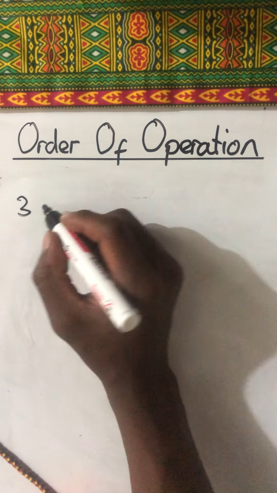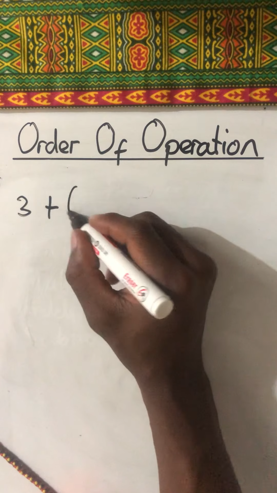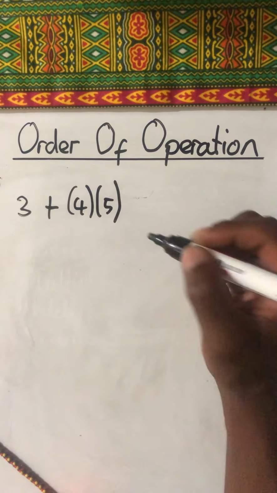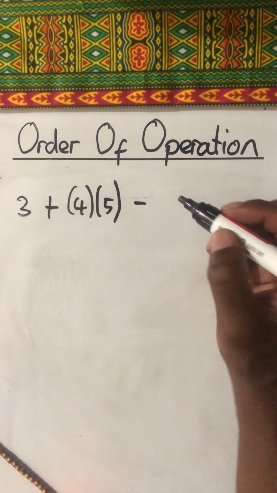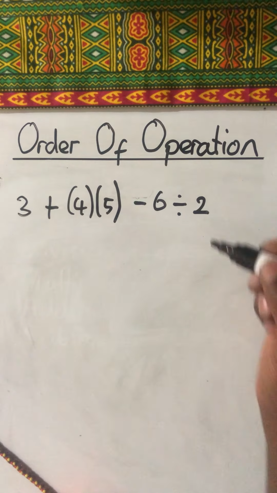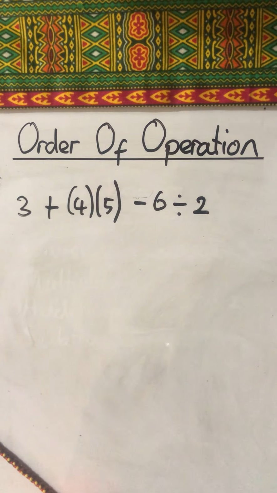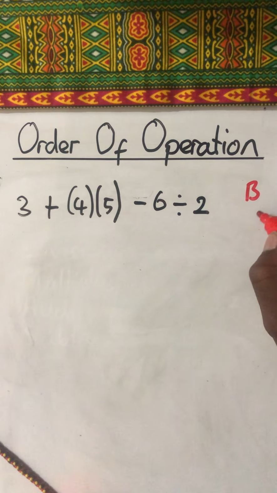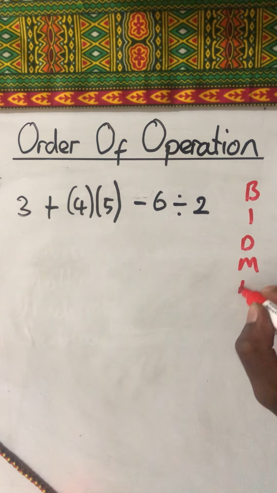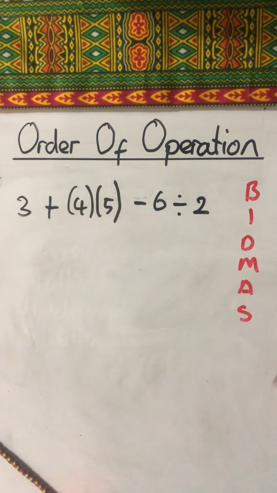We have 3 plus 4 in brackets times 5, then minus 6 divided by 2. What would be the first thing that we need to do in this question? Let me just write the acronym here so you can see it on screen.